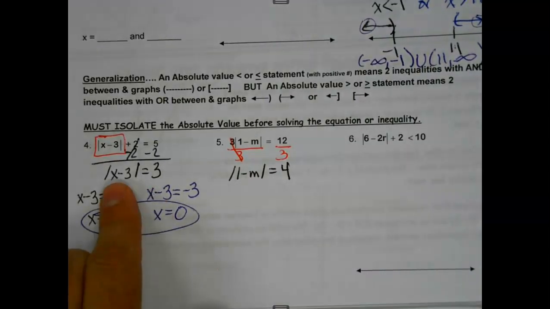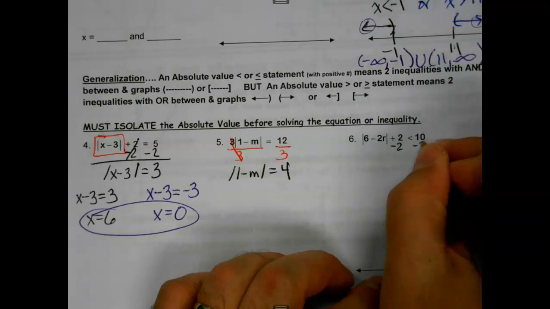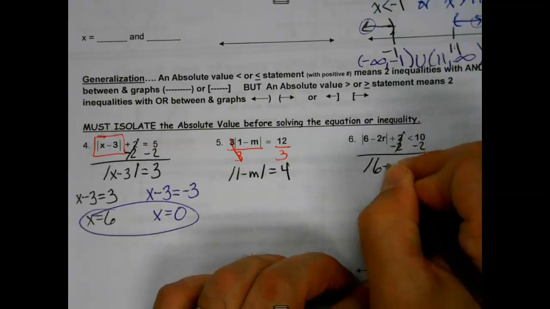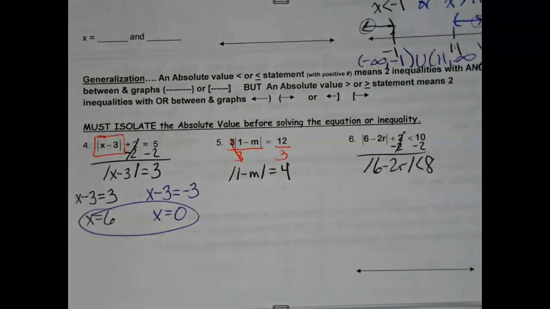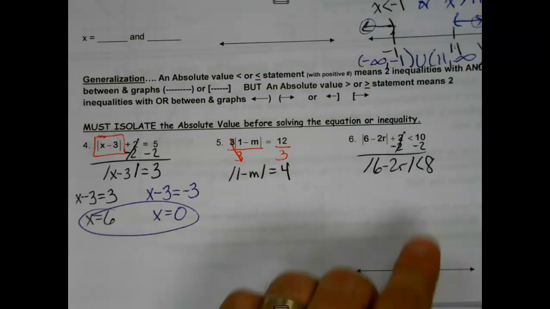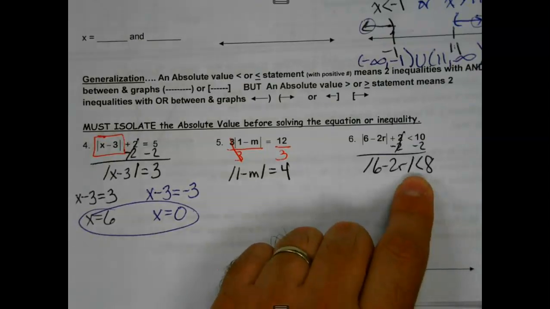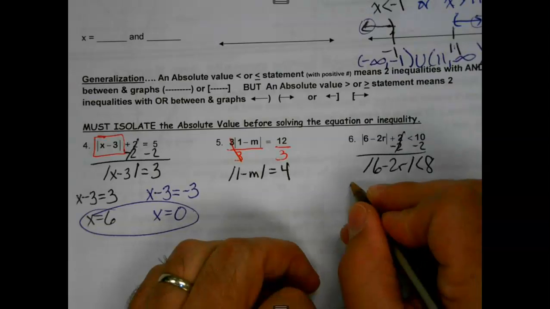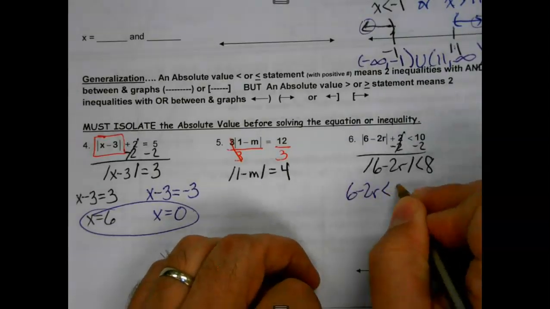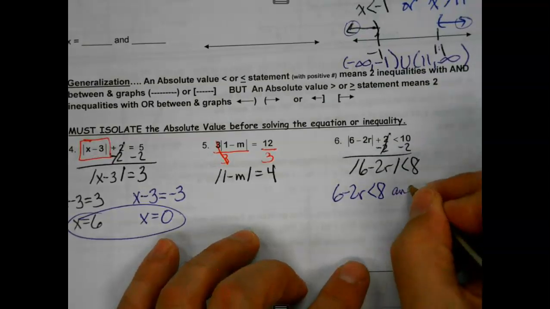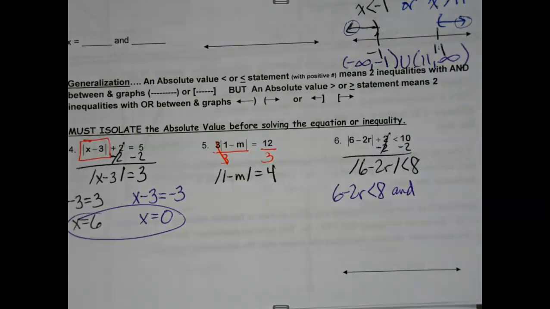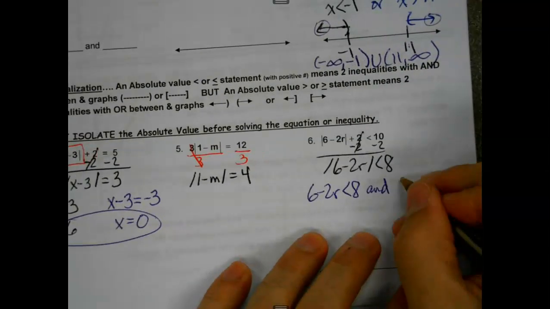Isolate, isolate, isolate, then split it into your pieces, then look at this and say, hey, that's an and statement because it's less, and so now I'm going to do, okay, copy it, and in the middle to remind me, hey, this is the one where they're going to come together in the middle.